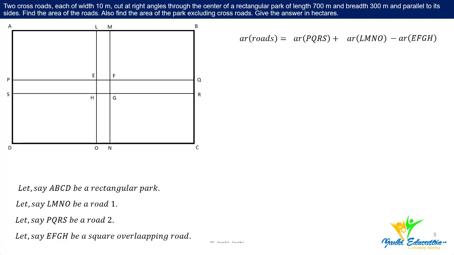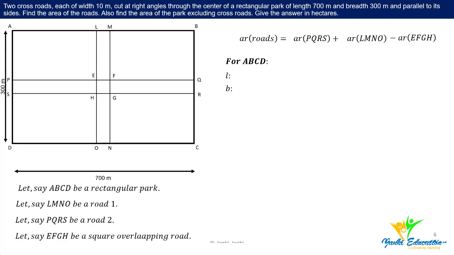So let's have the dimensions of these respective shapes. For ABCD, that is the whole park, we need to find length and breadth. The length is already given to us, 700 meter, and breadth 300 meter. Now for LMNO, that is one road, length and breadth we have to find.